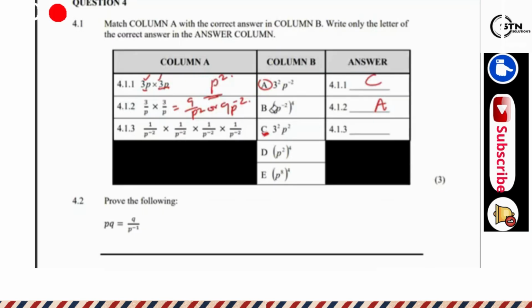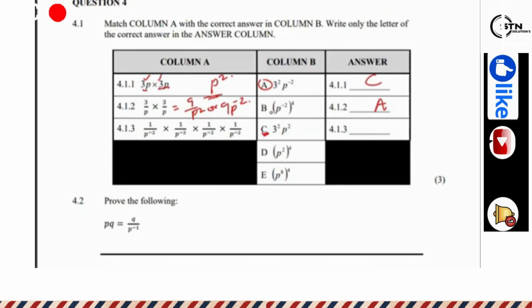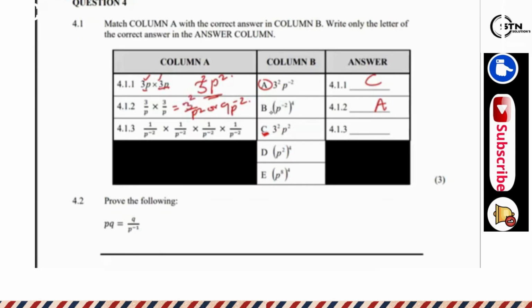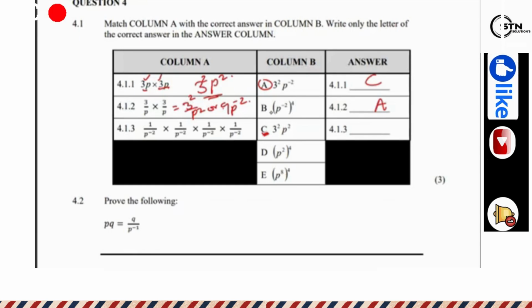Because this question is testing on moving from expanded form into exponential notation. Okay, let me also change this. This is 3 squared. And then 3 squared. Okay. We have 1 over p negative 2, p negative 2, p negative 2.